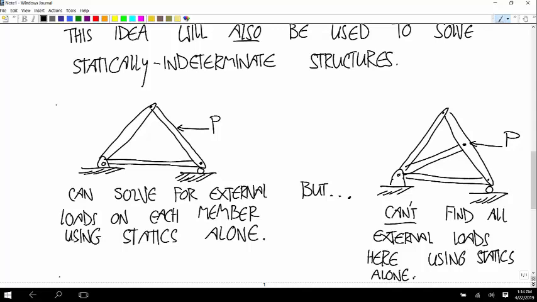Some joints restrict rotations and translation, some only restrict translation along one axis, some restrict displacements in every direction. But all a joint does is restrict motion in some way at a point.